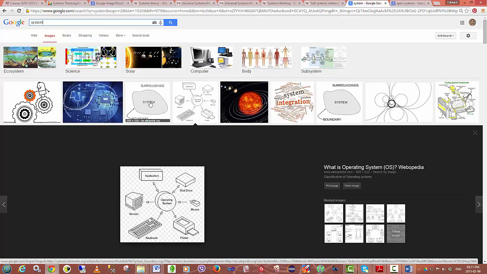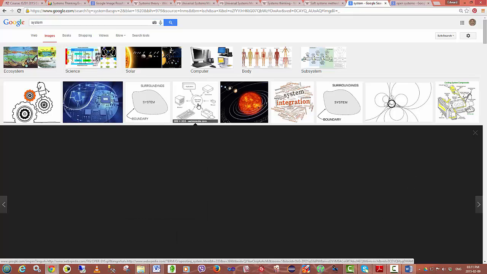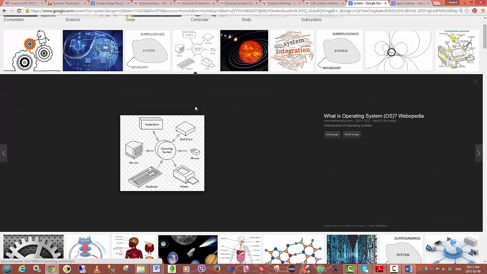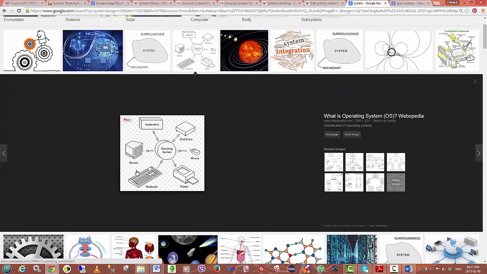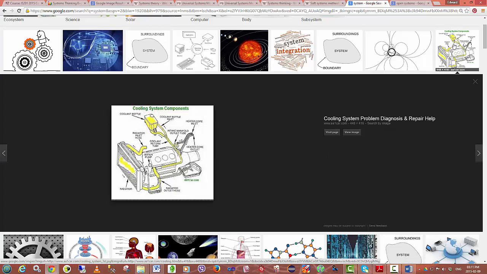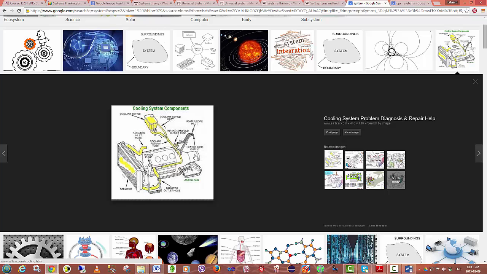If you have a look briefly at any of these pictures, you will see that people have different notations and different ways of designating systems, depending on their complexity, the view of the system that they require, and what they're trying to communicate, what their goal is.